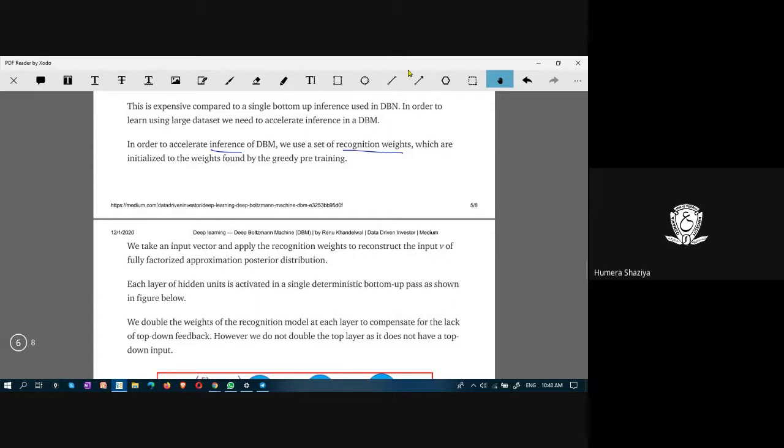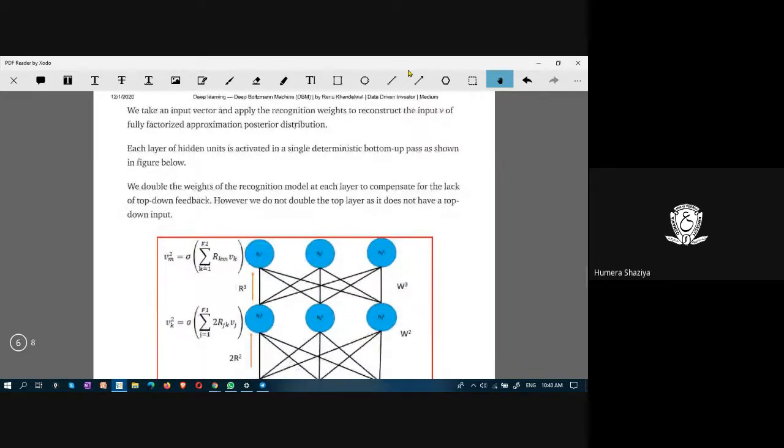That can be made faster if the weights obtained from the pre-training, you use them for inference as well.